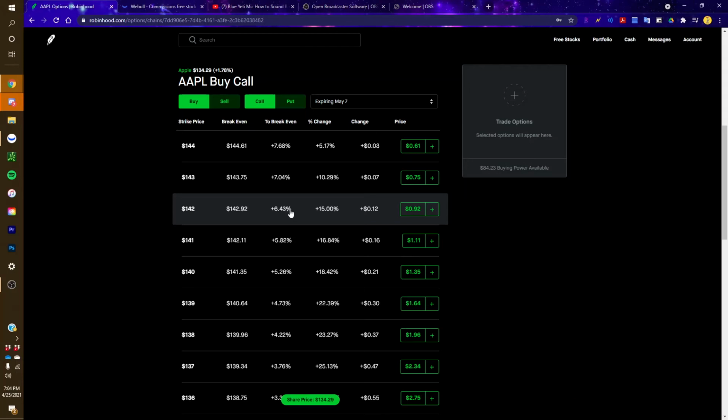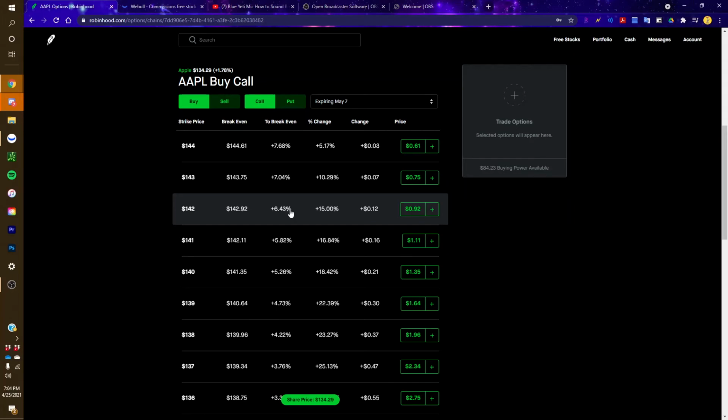But if the stock is moving against you or it's not moving at all, your contracts are going to just decrease and decrease and decrease every day as it gets closer to expiration. You don't want that. You want it to be going your way, or you want to be playing an option strategy that works in your favor.